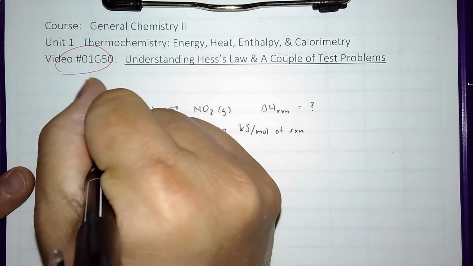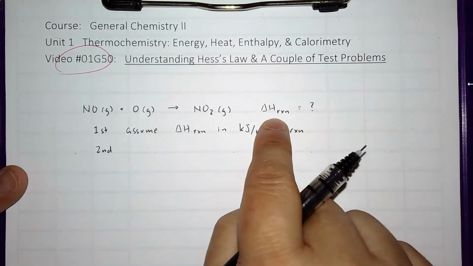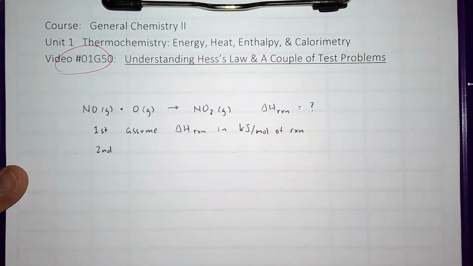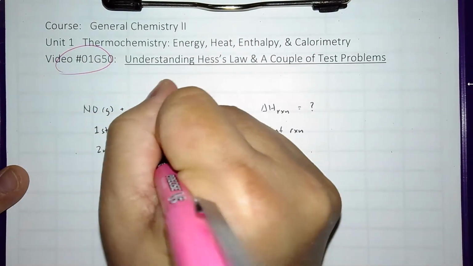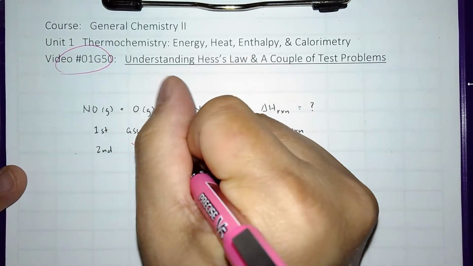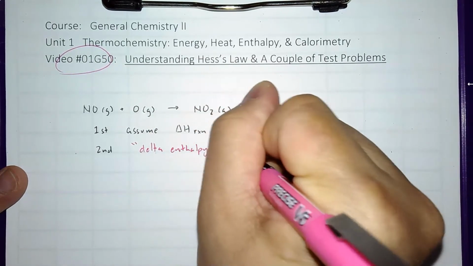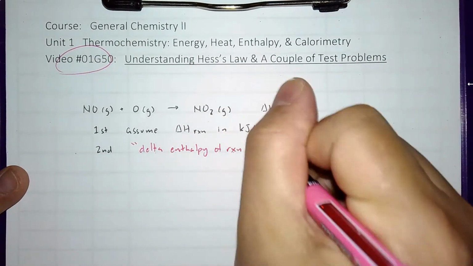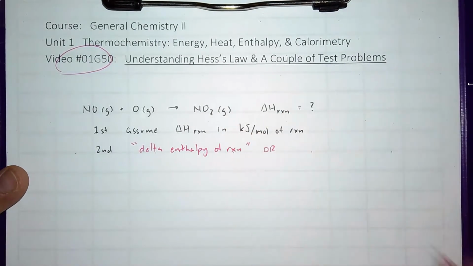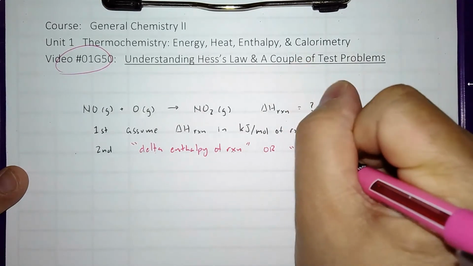Number 2, when we verbalize this delta H, we could say the delta enthalpy of reaction, abbreviated Rxn, or just as correct, delta heat of reaction.